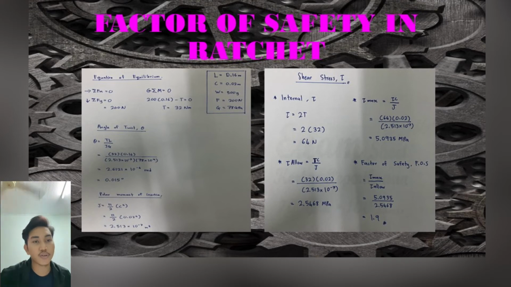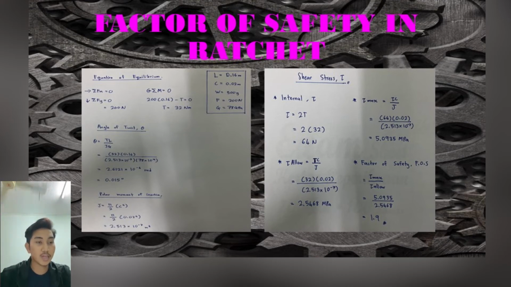Before that I will show the data that has been given. Length is 0.16 meter. C is 0.02 meter. Weight is 500 gram. Force is 200 Newton, and G is 78 gigapascal. Next, we look at the angle. Before that, we look at the polar moment of inertia.